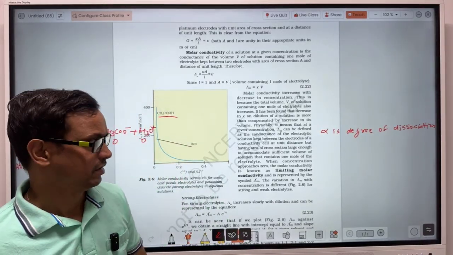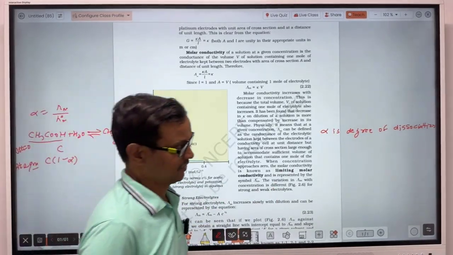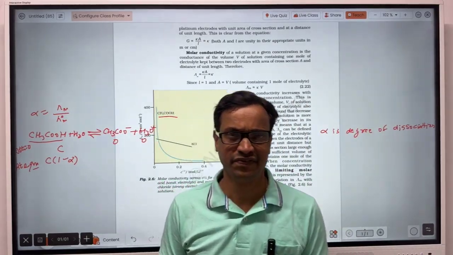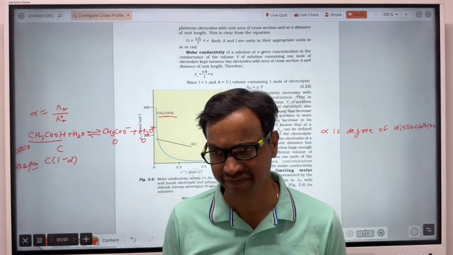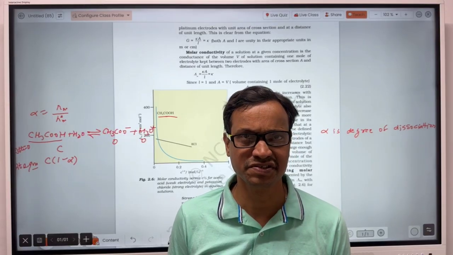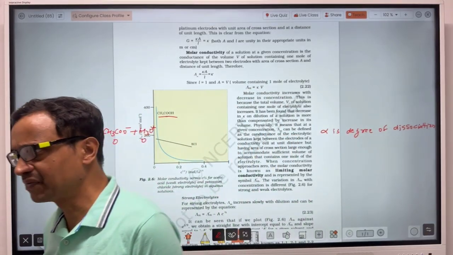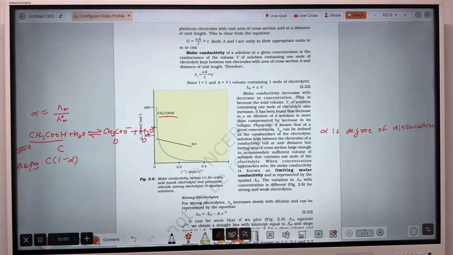That is called the degree of dissociation. Degree of dissociation is the amount of electrolyte dissociated when the concentration of the electrolyte is 1 molar.